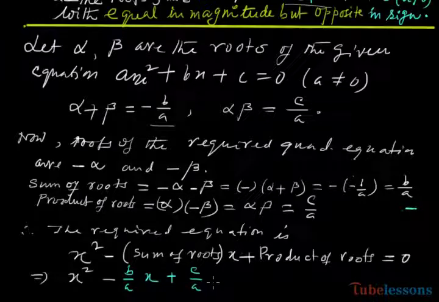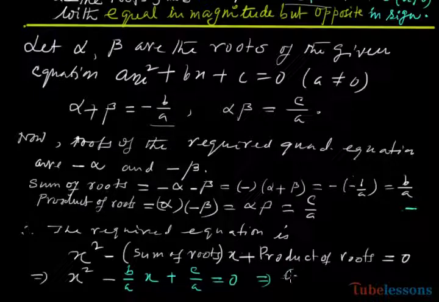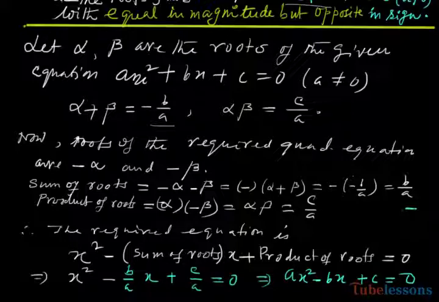Finally, this is equal to 0, and if we multiply each term by a, we get ax square minus bx plus c equals to 0. So this is our required equation.